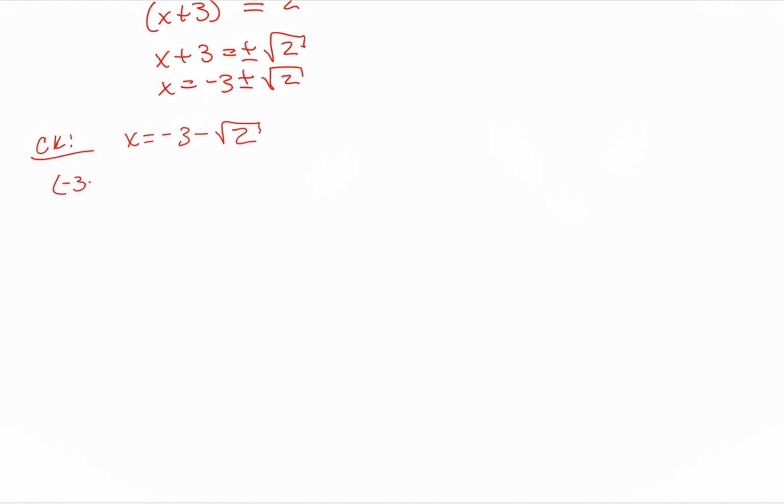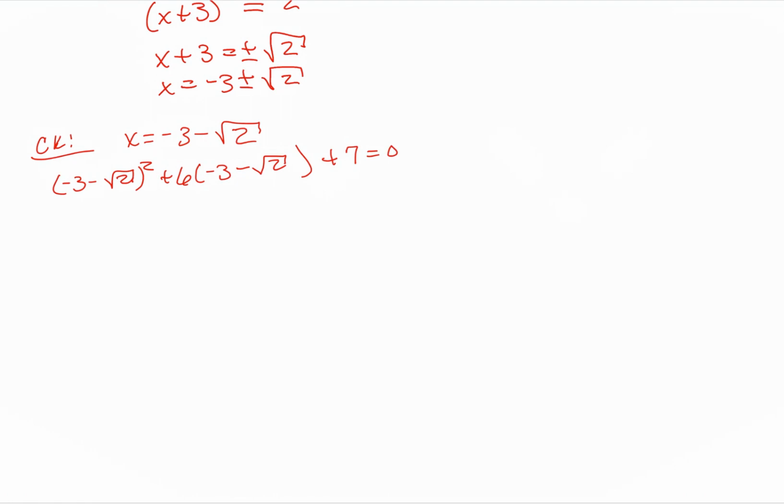So -3 minus the square root of 2 squared plus 6 times -3 minus the square root of 2 plus 7 has to equal 0.